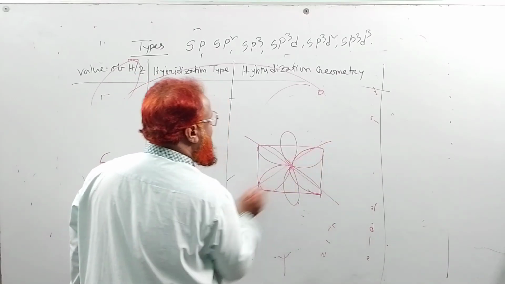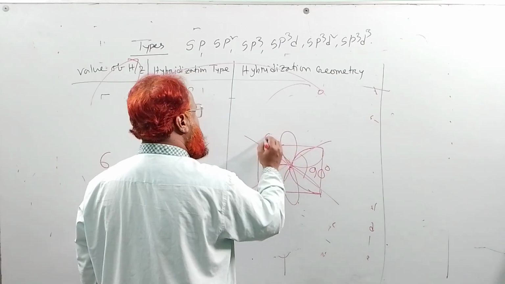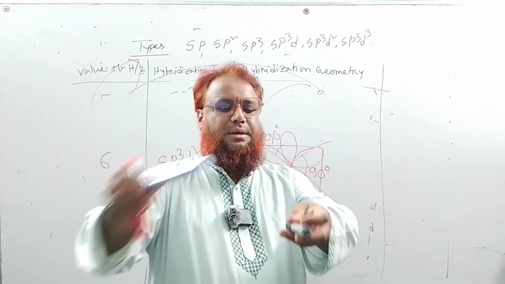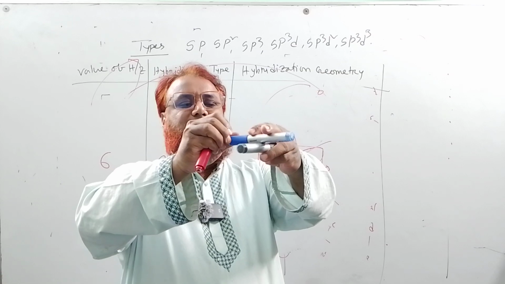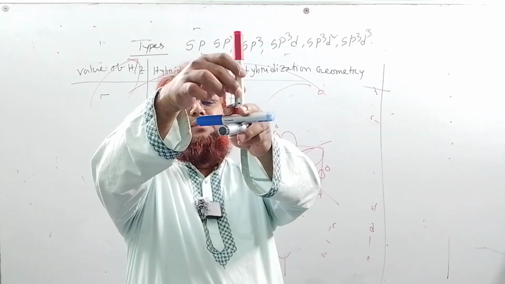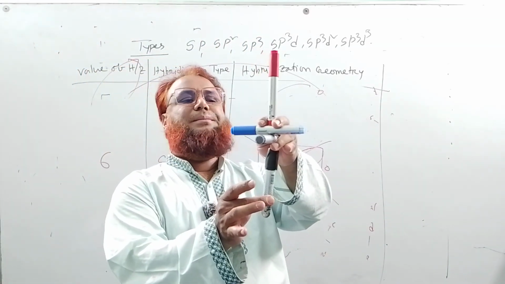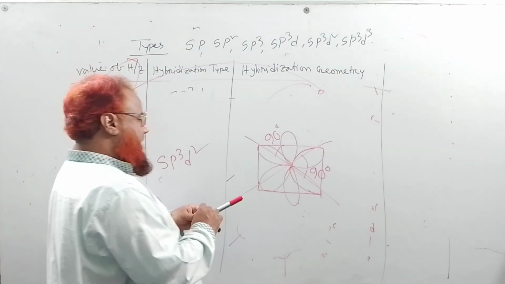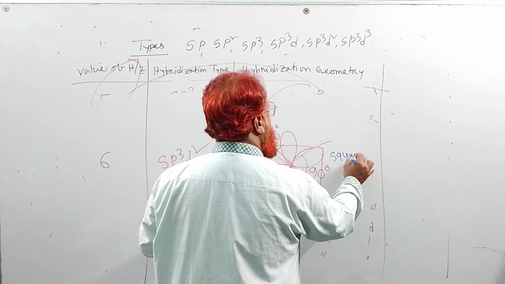So, here the bond angle is 90 degree, here 90 degree and the perpendicular is also 90. Like this in the square shape, if you think of 2 straight lines crossing in this way, every bond angle is what? 90 degree, right. And here one perpendicular is 90 and another perpendicular is also 90. So, every bond angle is 90 degree in square bipyramidal shape. So, its name is square bipyramidal.